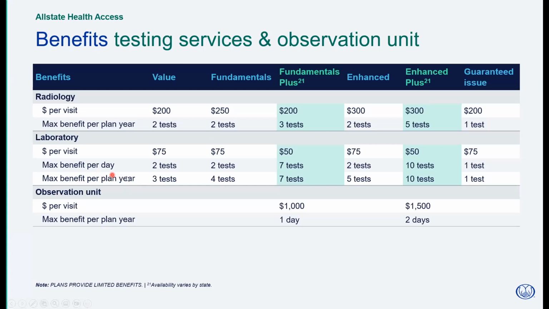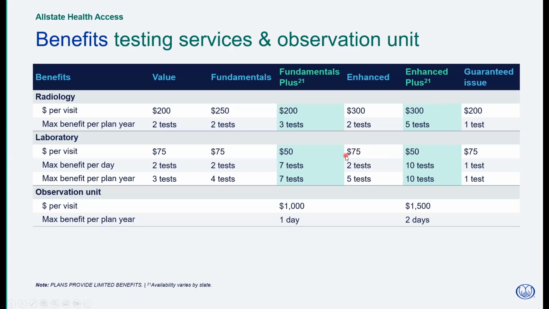So I'm going to illustrate this using the enhanced plan. If someone's doctor gives them laboratory work, 3 different types of tests that are required, and they go to the lab, and they get all 3 tests taken care of, they will receive benefits for only 2 of those tests at $75.